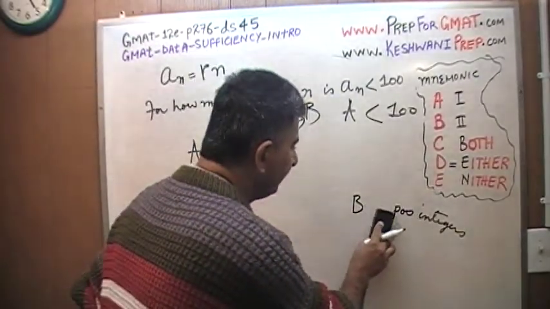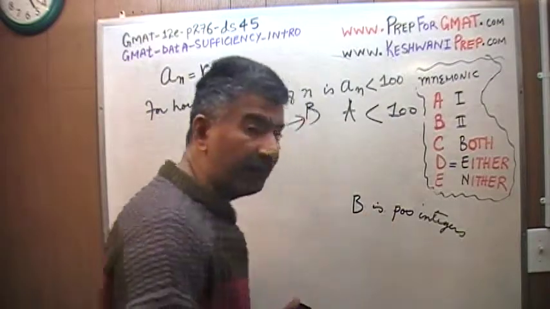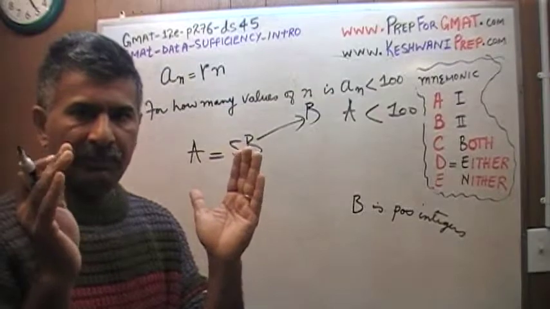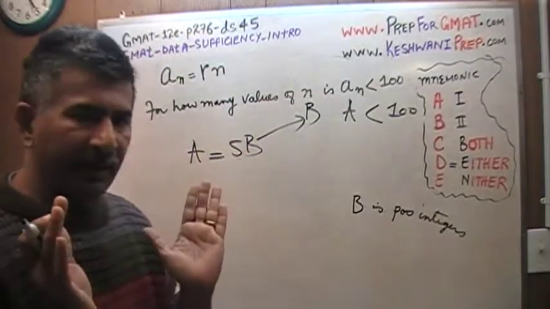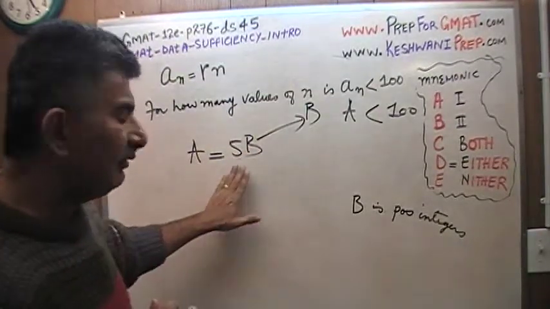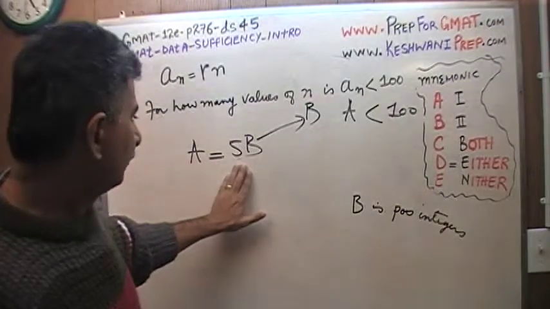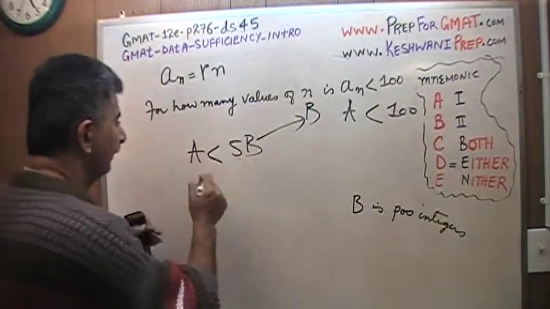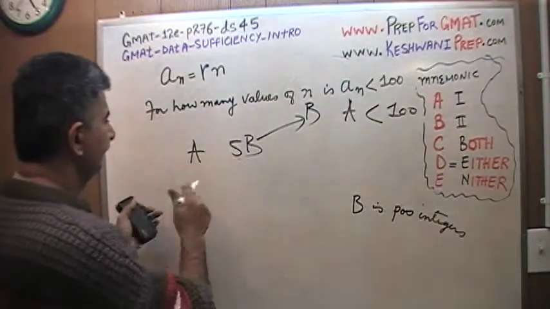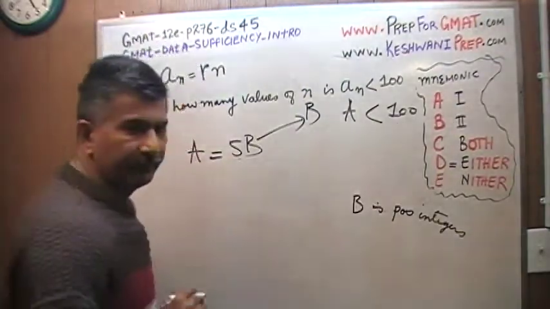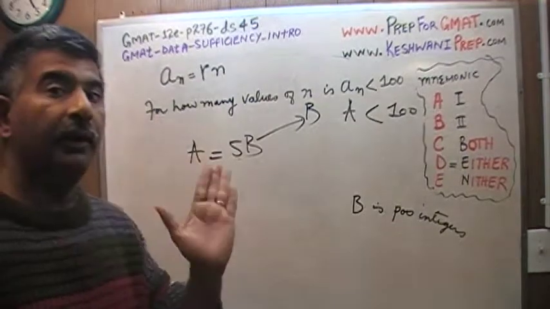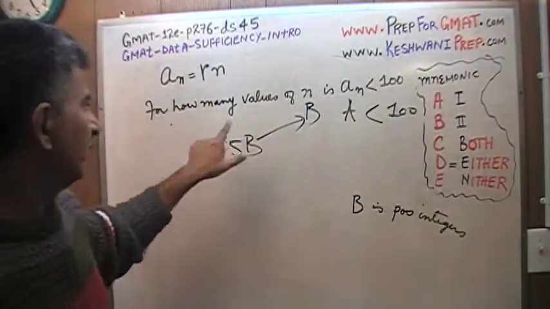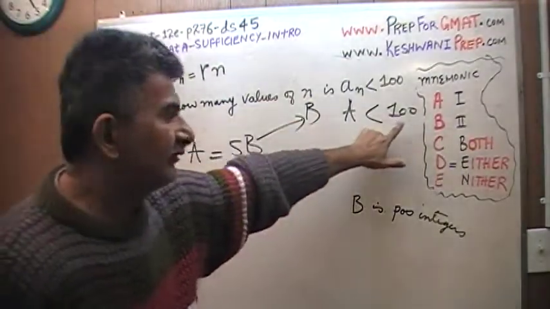So we know that B is a positive integer, not just integer, which limits our scope. Had we simply said that B is an integer, then there are infinite possibilities where A is less than 100, because then we have to consider all the negative integers. But here there are only 19 possibilities where A is going to be less than 100.